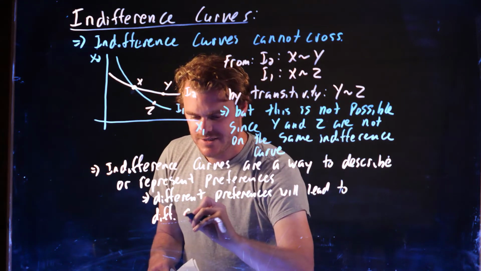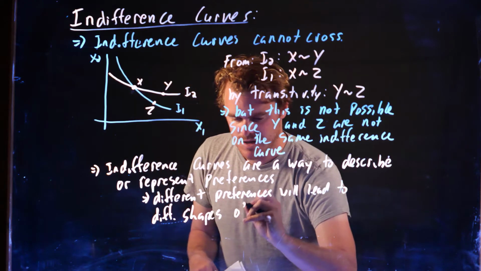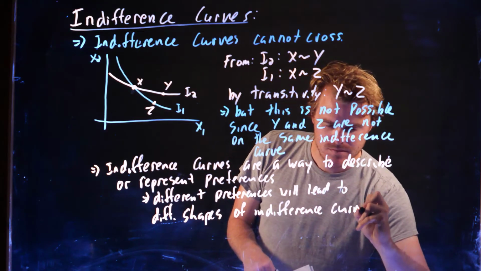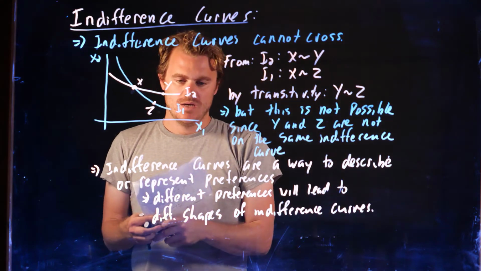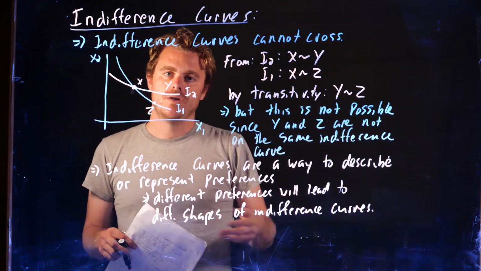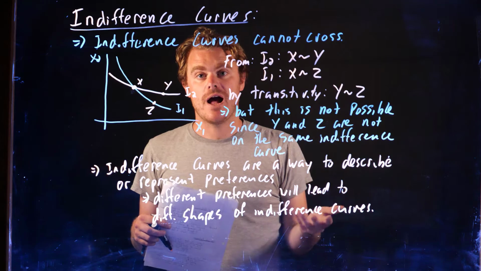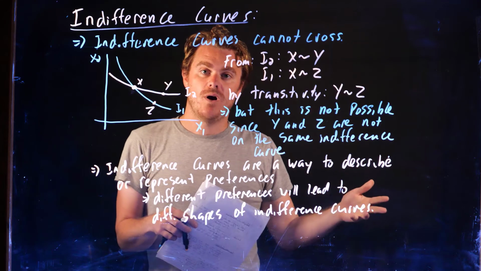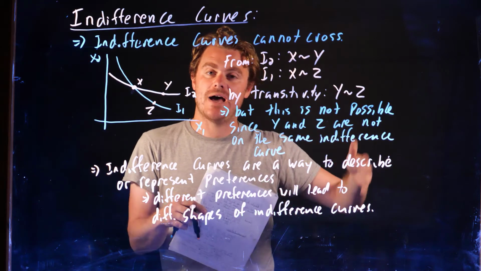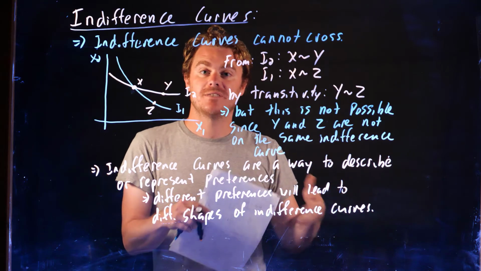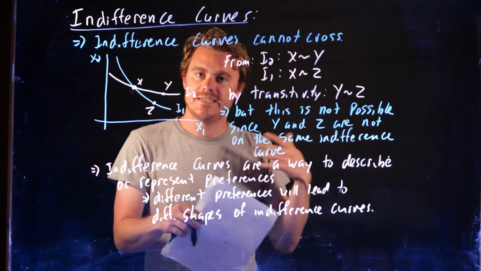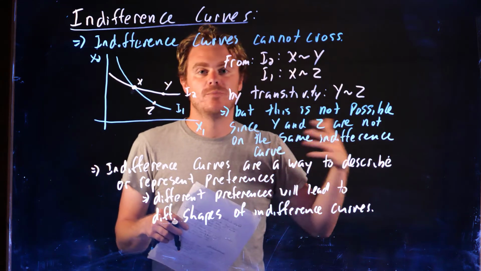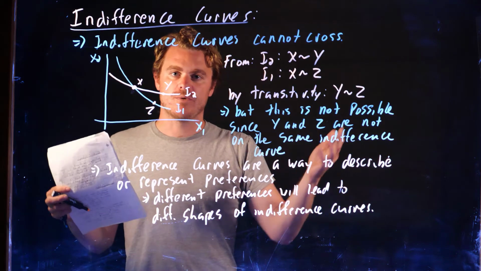So the trick is to think about the preferences that you're trying to describe, and then think about, well, if I wanted a bit more of good 1, do I have to give up some of x2 to still be indifferent towards these bundles, or could I get more x1 and I'd still be indifferent to the original bundle.